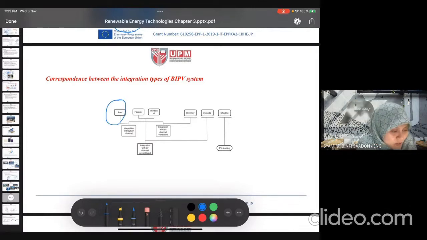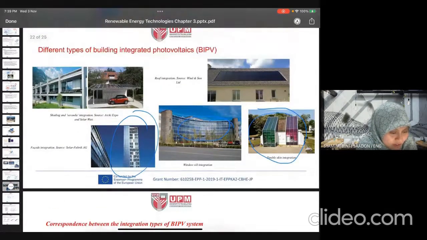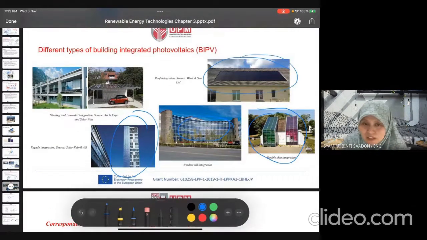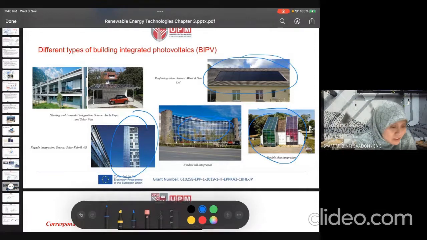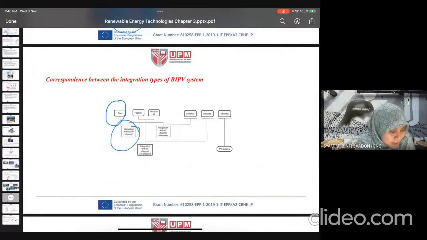The roof integration without air channel means that there is no air collector; in this roof integration, there is no air gap between the PV panel and the rooftop. Then facade and window sill can be with or without an air channel, ventilated or unventilated.